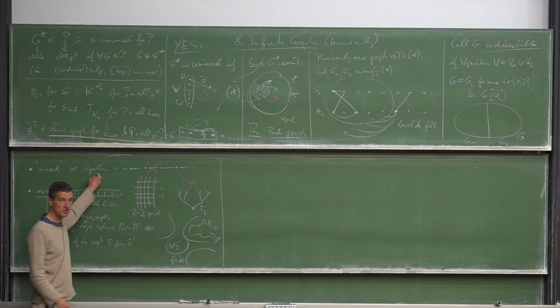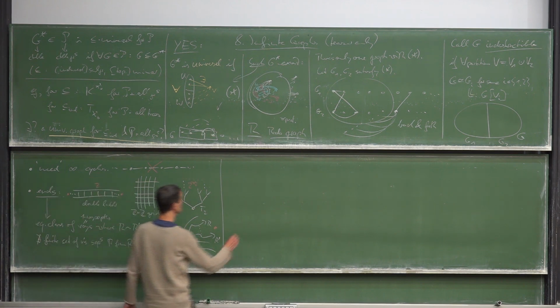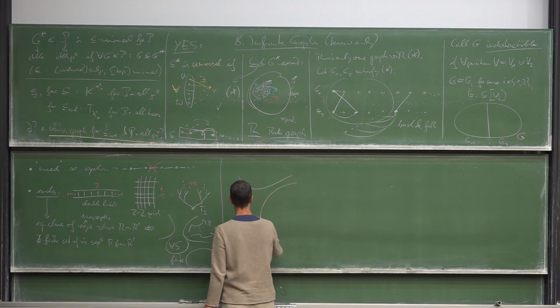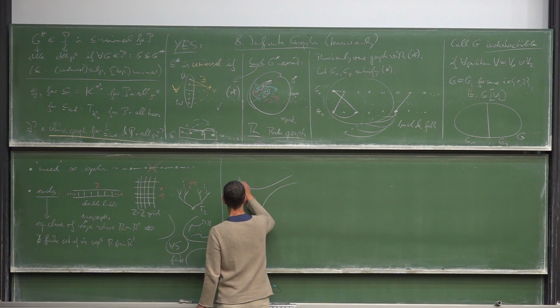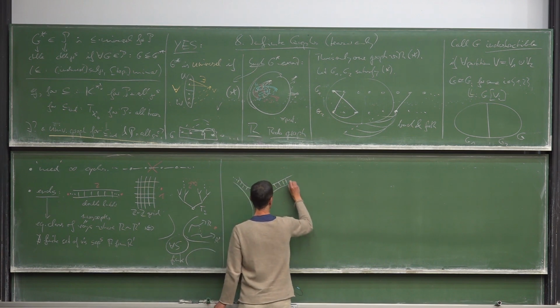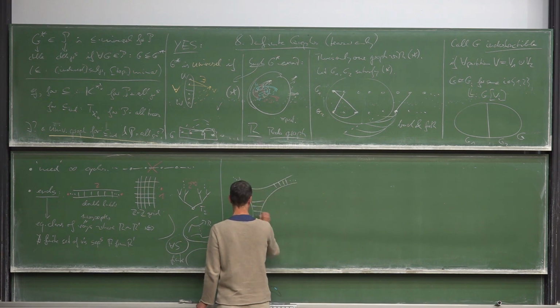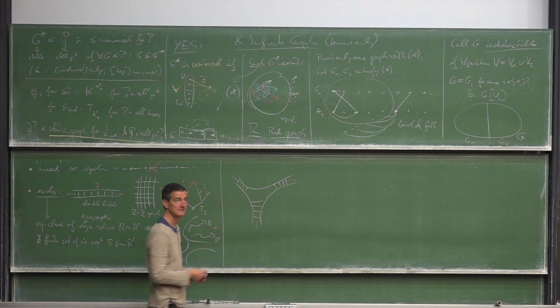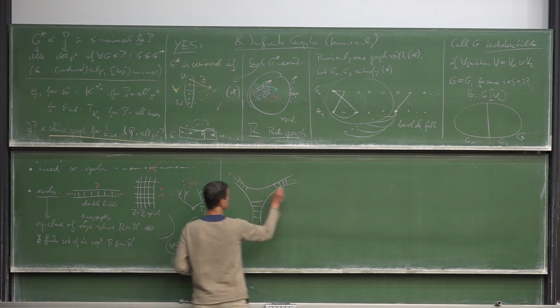Now, on to something round. So this graph here has three ends.